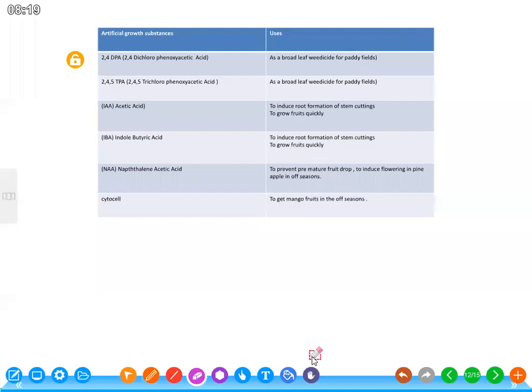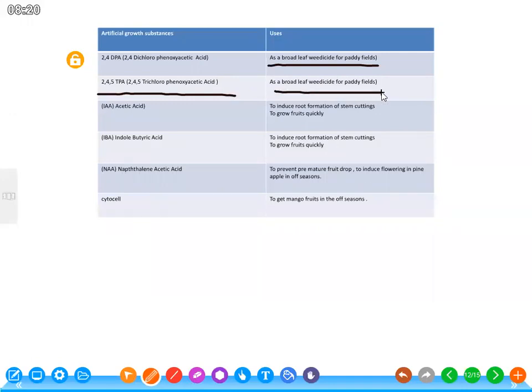As a broadleaf weedicide for paddy fields. Second one, 2,4,5-T. The use is also as a broadleaf weedicide for paddy fields.